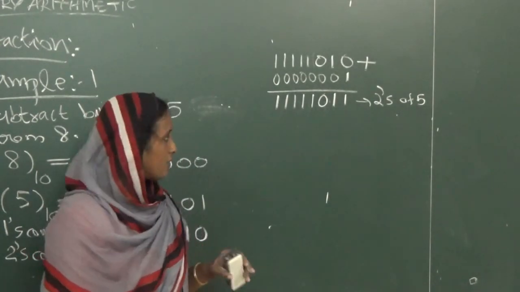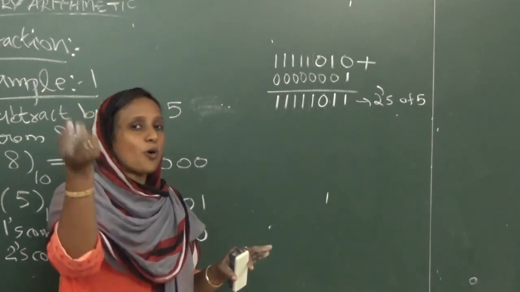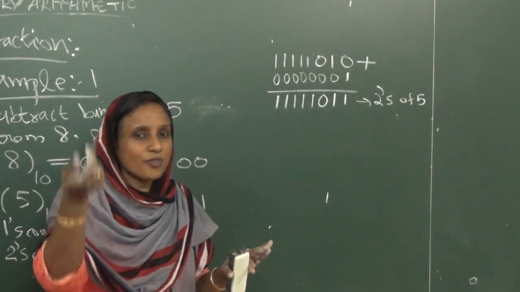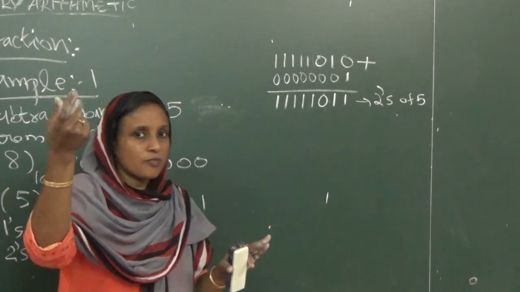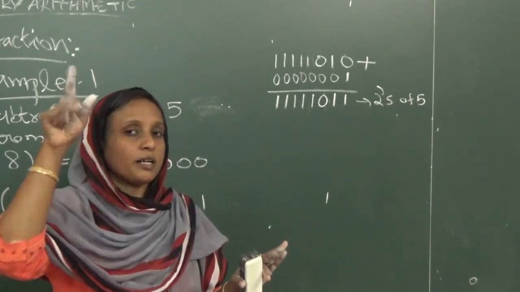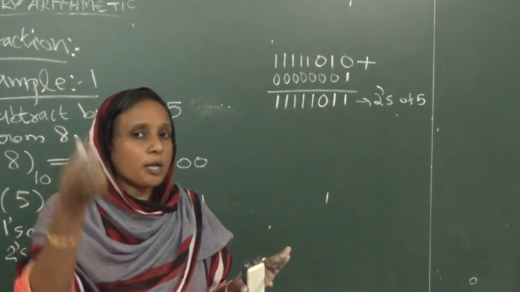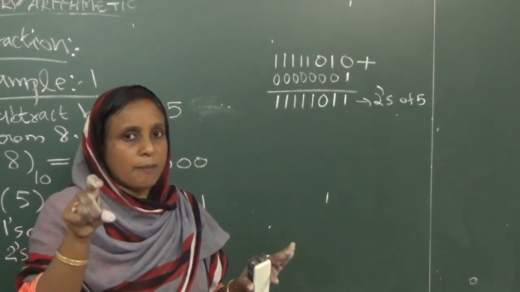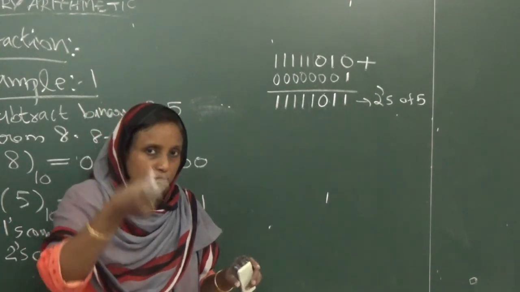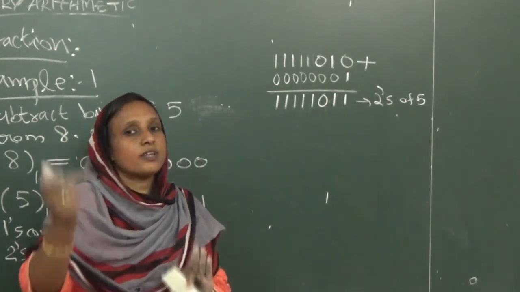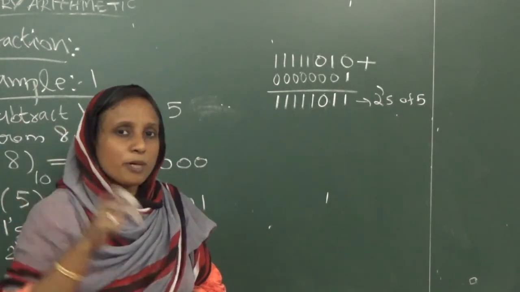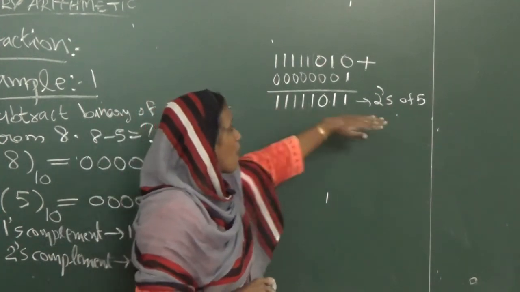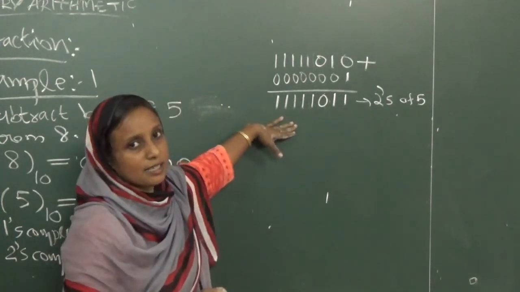Okay, that means if you take 2's complement of 5, it is actually minus 5, right? We already found in our earlier problems that to represent a negative number in 2's complement form, you have to write its positive number first and convert it into 2's complement form. So 5 in its 2's complement form looks like this.